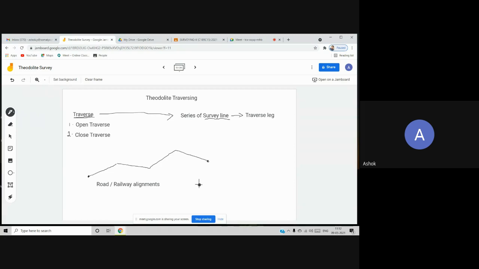Closed traverse is a traverse which closes on the starting point, meaning the last point terminates at the starting station point, at the first point. Suppose this is a traverse A, B, C, and D. So the traverse legs are AB, BC, CD, DA.